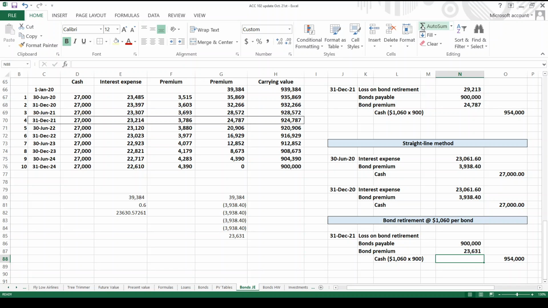All right, what happened? We had bonds with a carrying value of $923,631, and we paid $954,000 to make those bonds go away. So once again, we have taken a haircut, $30,369. So there you go.